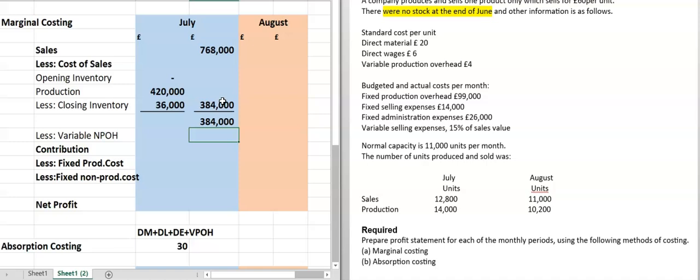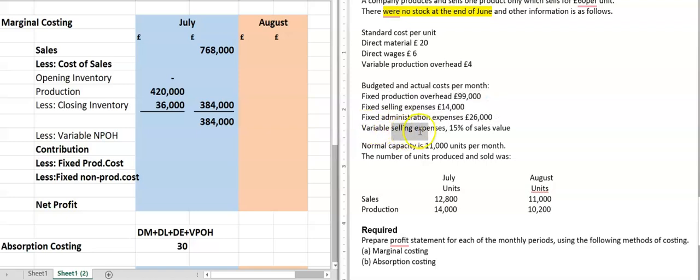You are getting 384,000. Then after that you have to deduct the variable non-production cost. What is the variable non-production cost? That is here, variable selling and expenses, 15% of the sales value.